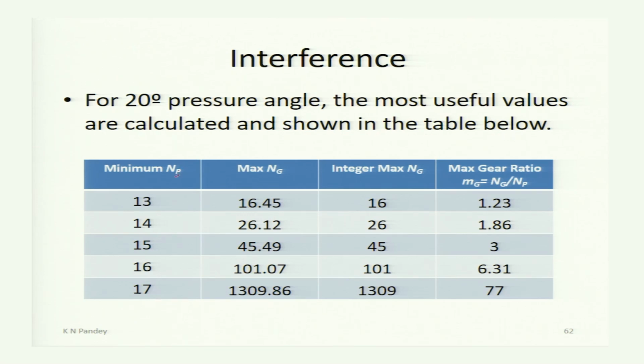Minimum number of teeth on the pinion 13, 14, 15, 16, 17. Then maximum value of number of teeth on the gear is given by this one, and the integer value is 16, 26, 45, 101 and this, and the maximum gear ratio that can be obtained is given by this one.